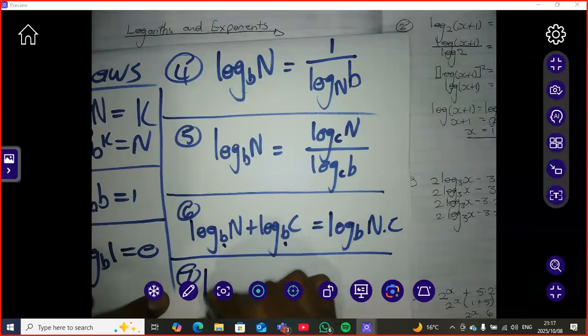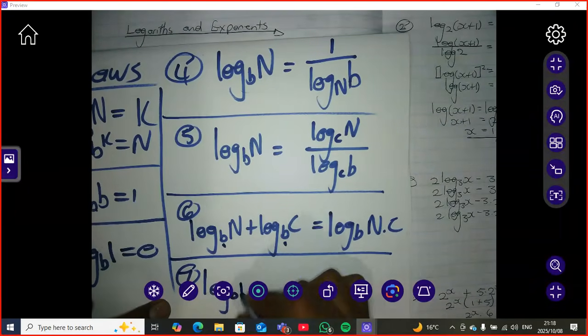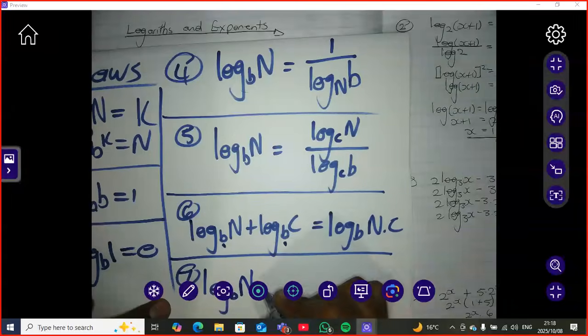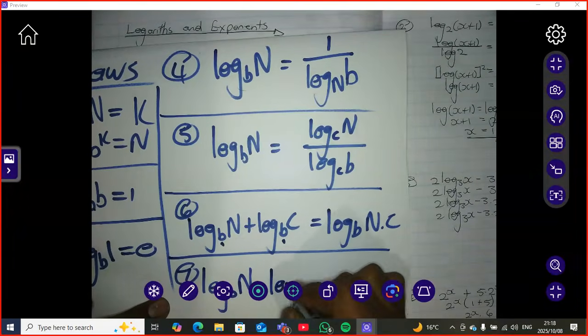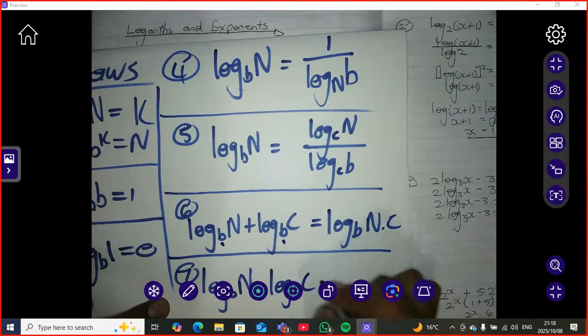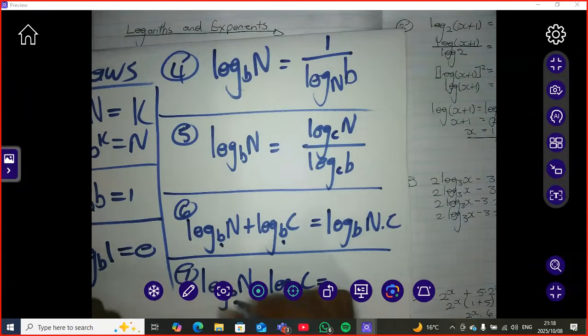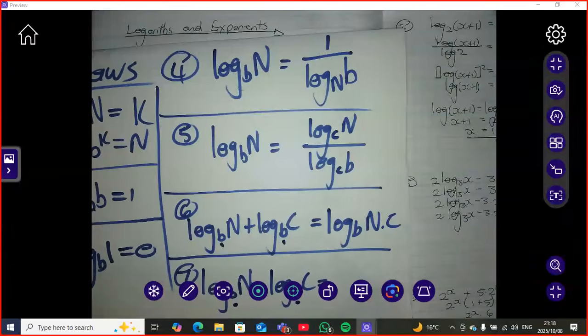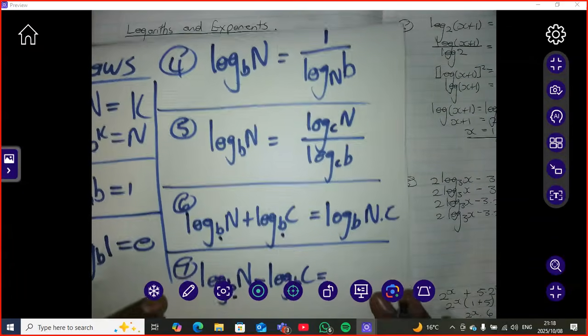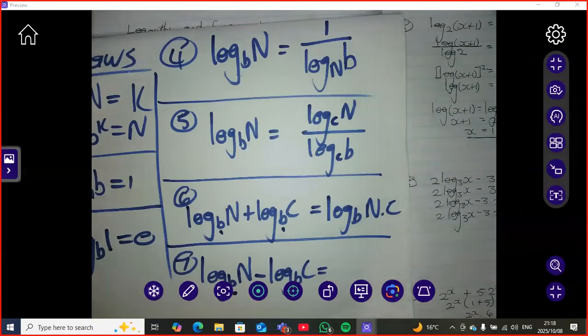The same or similar would be if I say this. So first thing I notice, my bases are the same. The number is different, but the base is the same.